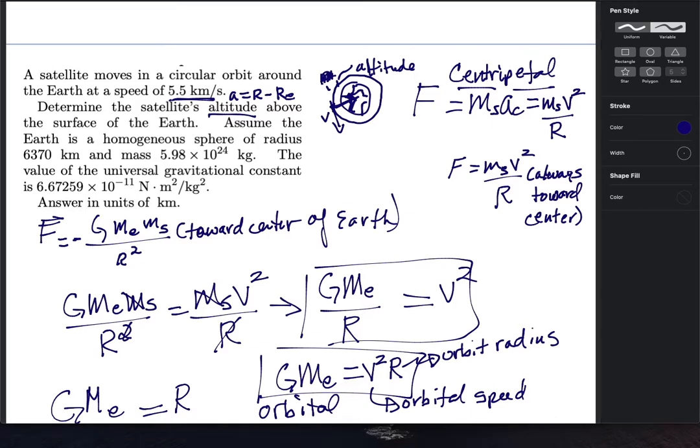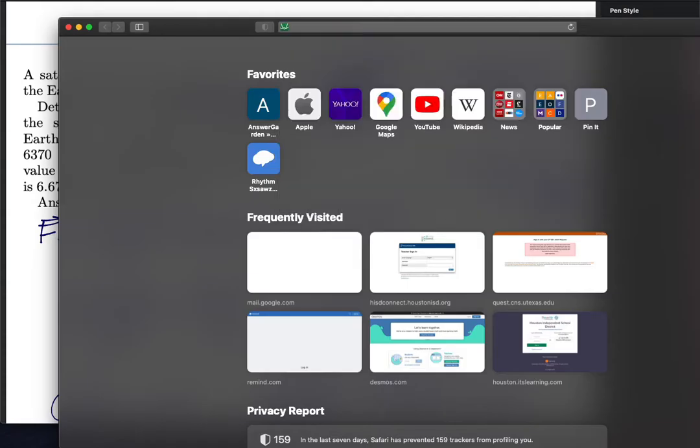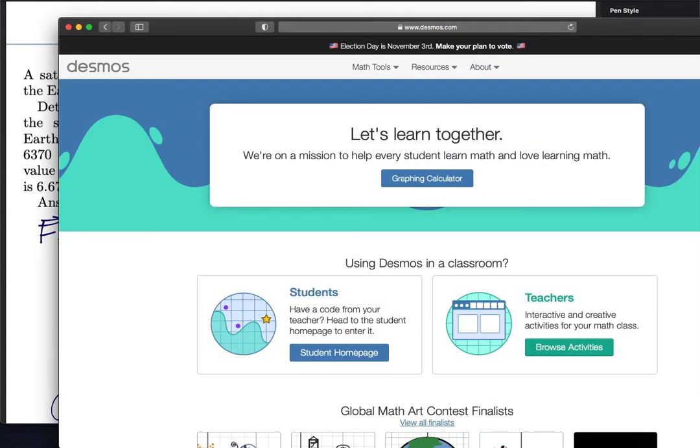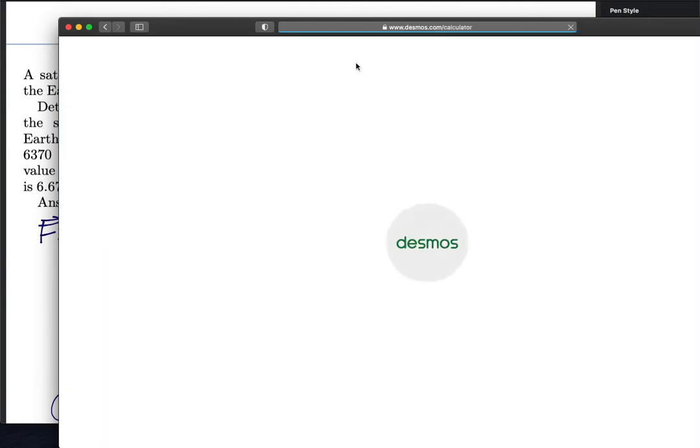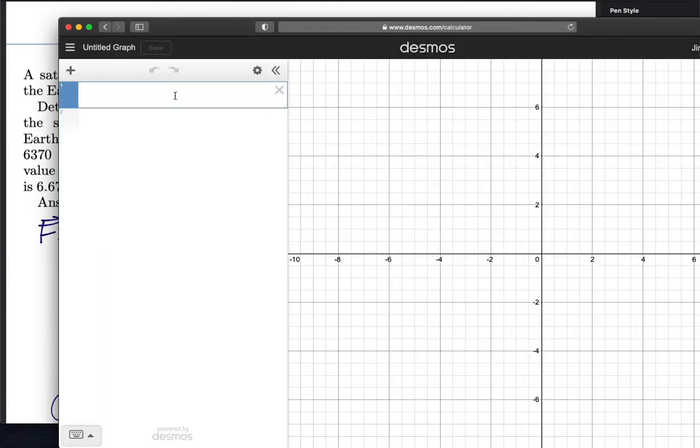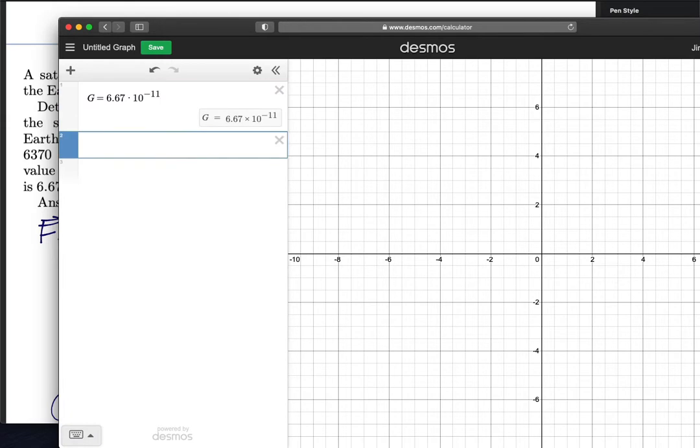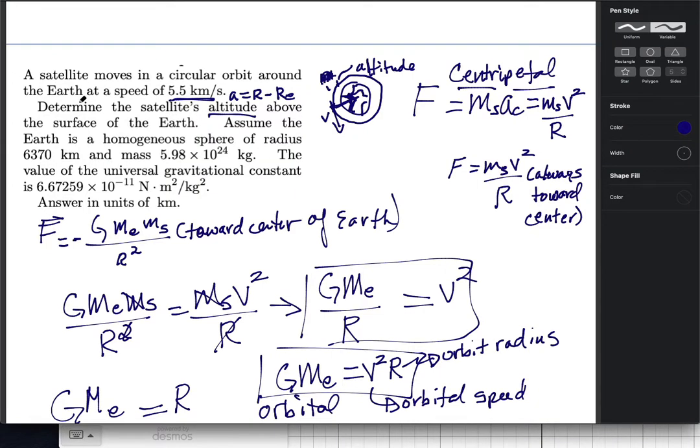So let's go to Desmos, where we can actually solve this problem. Let's open that real quick. And let's put in our constant, so that's 6.67 times 10 to the negative 11. And that was big G. And then M sub E for Earth, the mass of the Earth. Let's go back and look. I've forgotten already.